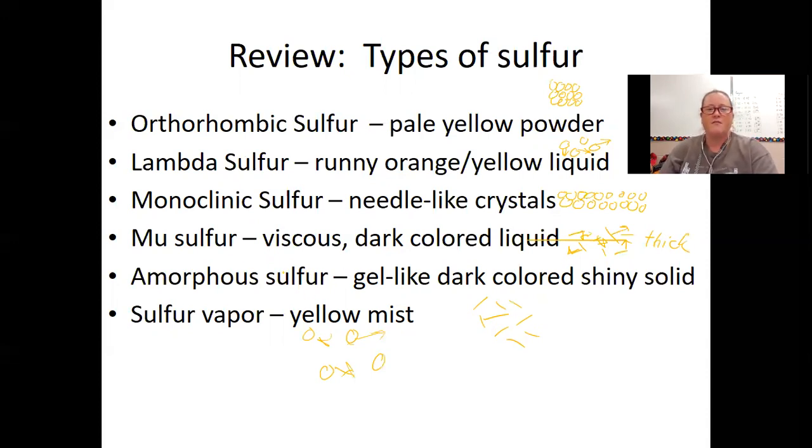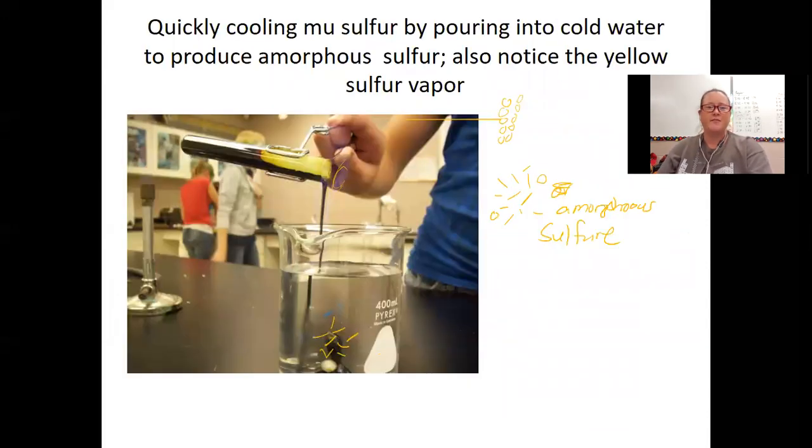sulfur. There were no chemical changes that took place in this lab. The only time a chemical change could have possibly occurred is in this situation right here where this ignited and the sulfur started to burn. That's not a desirable part of this lab. Wasn't supposed to happen.